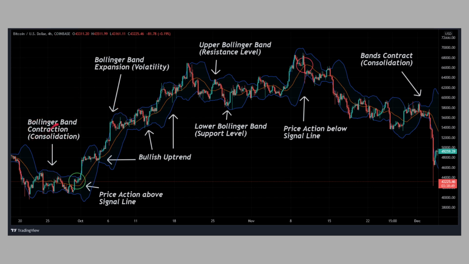So here we see a Bollinger Band contraction. This is a period of consolidation. We're starting to see a price really settle, much less volatile swings as opposed to other periods shown in this chart and other periods that we have previously seen. Price action above the signal line, the moving average.